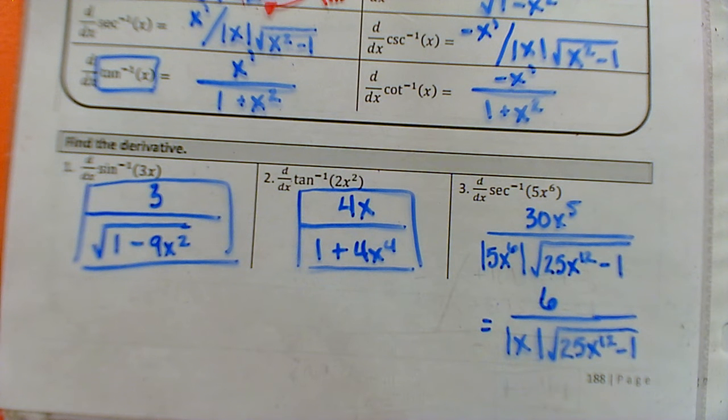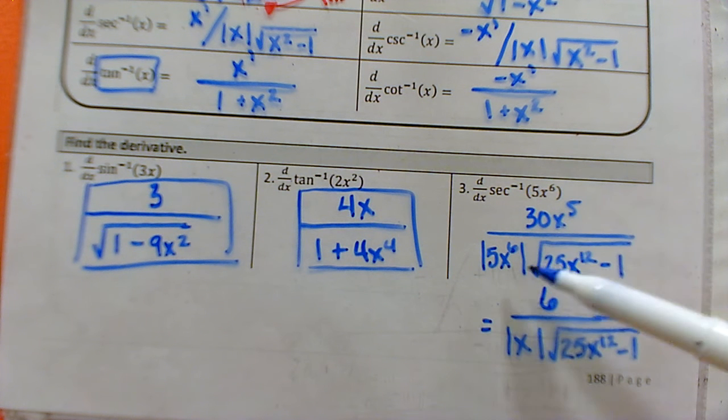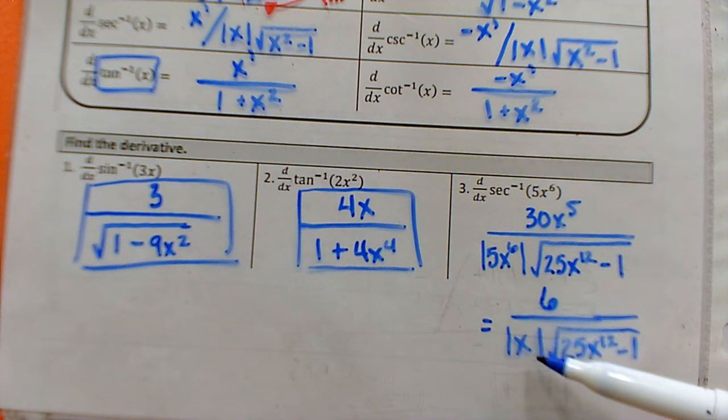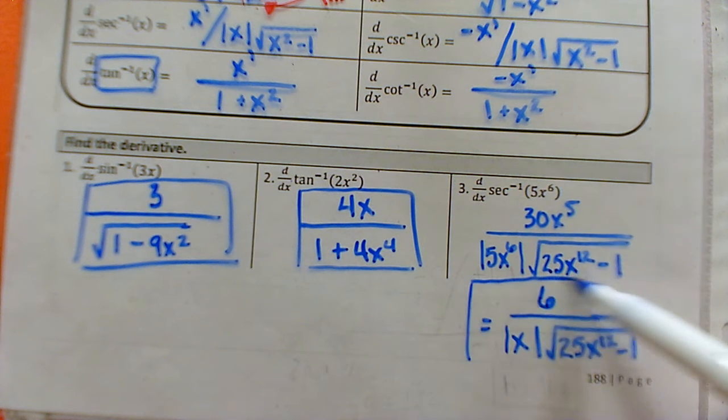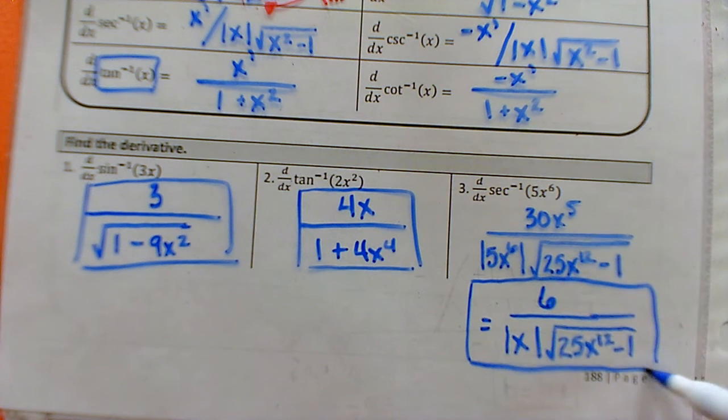The absolute value just means that you have positive numbers down there. So we can still do 30 divided by 5, which gives us 6. We can do x to the fifth divided by x to the sixth, but we have 1 x left over inside the absolute value, and we're left with that square root. So that one you can clean up a little bit more.